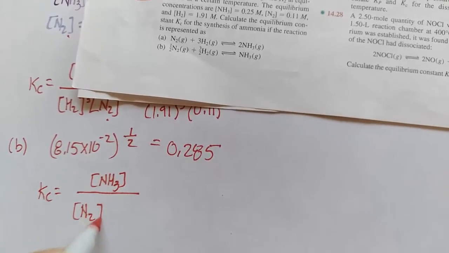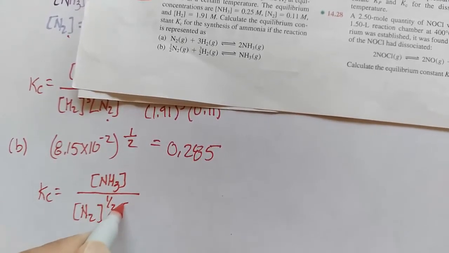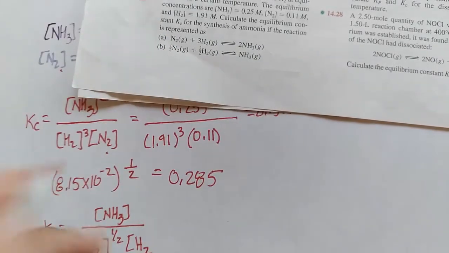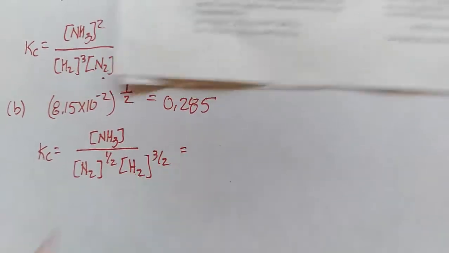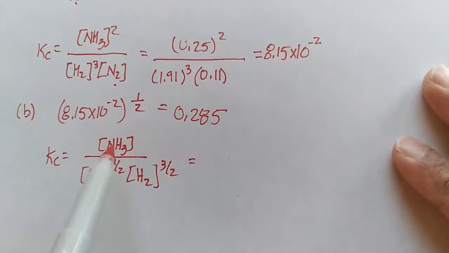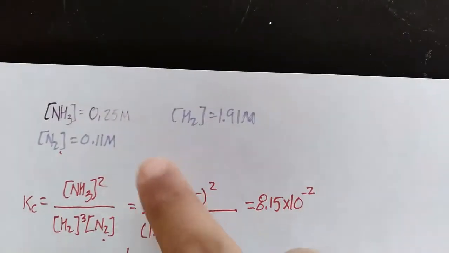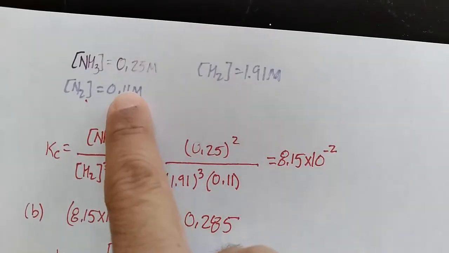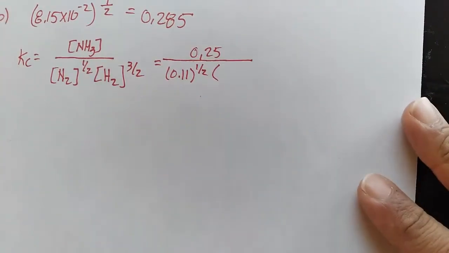This can be a little bit hard to do on your calculator, though it's entirely possible, times the concentration of H2 raised to the power of 3/2. So if we put in our numbers here, we should get the same thing. So 0.25 is our concentration of NH3 divided by N2 raised to the 1/2 power times the concentration of H2, and this one's raised to the 3/2 power, okay, 1.91.